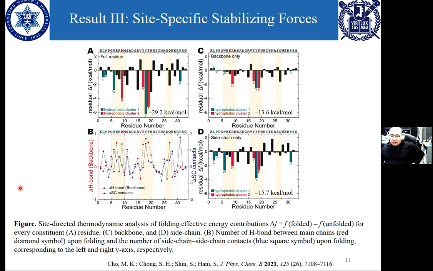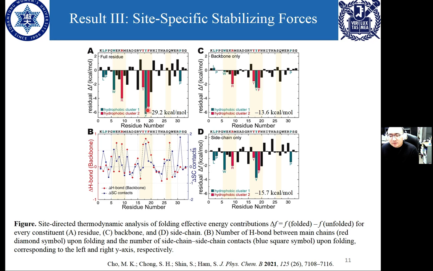It is seen that both the hydrogen bond and side chain contacts are simultaneously formed upon folding, especially in the central beta 2 region. In the unfolded state, hydrogen bonds and side chain contacts are formed independently, as previously seen in table number 3.